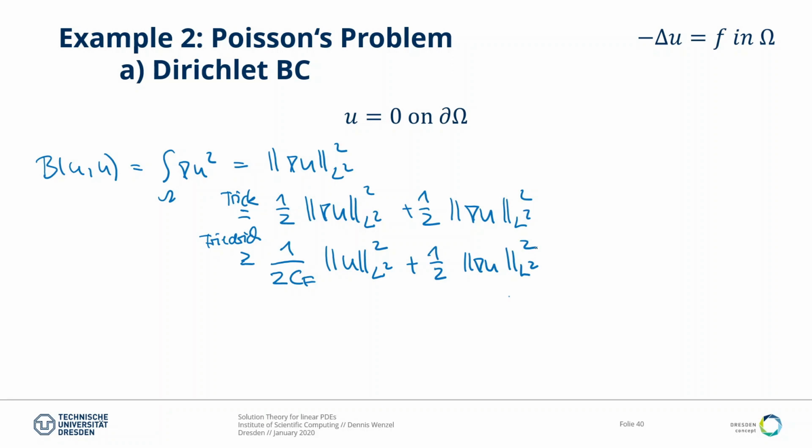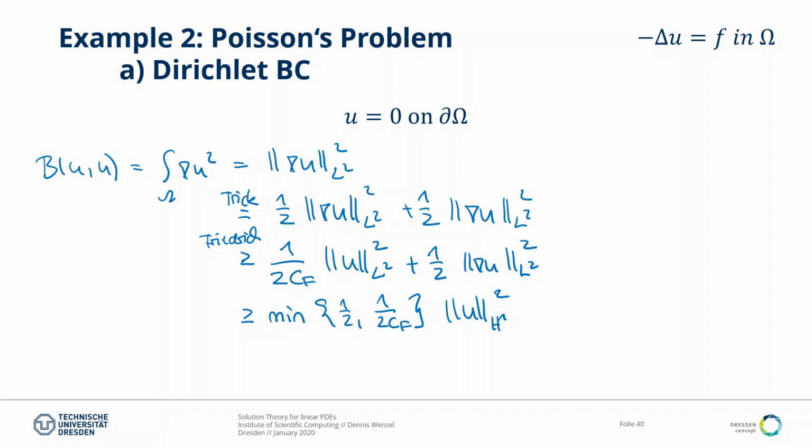And then you can use the minimum trick again. You can bound this from below by the minimum of 1/2 and 1 over 2 times CF, times the H1 norm of u squared.